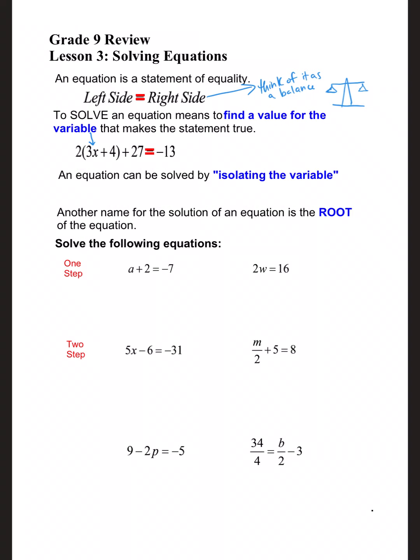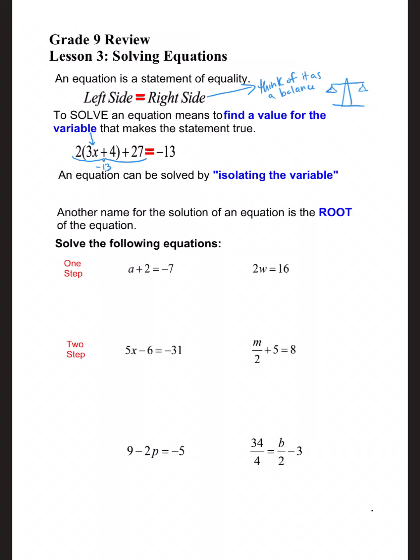The right side of the equation is negative 13. So if the right side is negative 13, then this entire expression on the left side must equal negative 13 as well. Our job is using the process of algebra to figure out what x has to be to ensure that the left side is also equal to negative 13, because that equal sign is telling me that both sides have to equal negative 13.